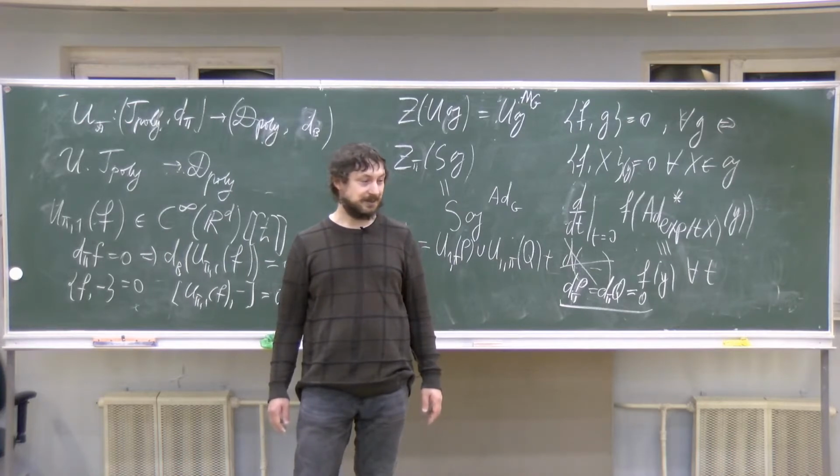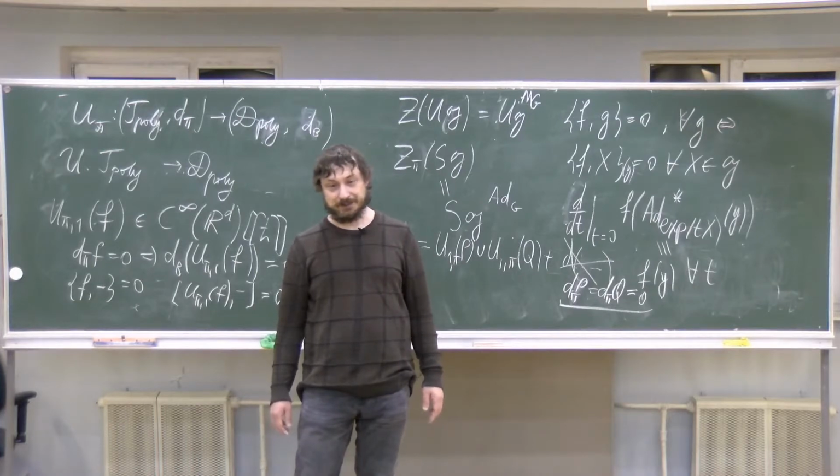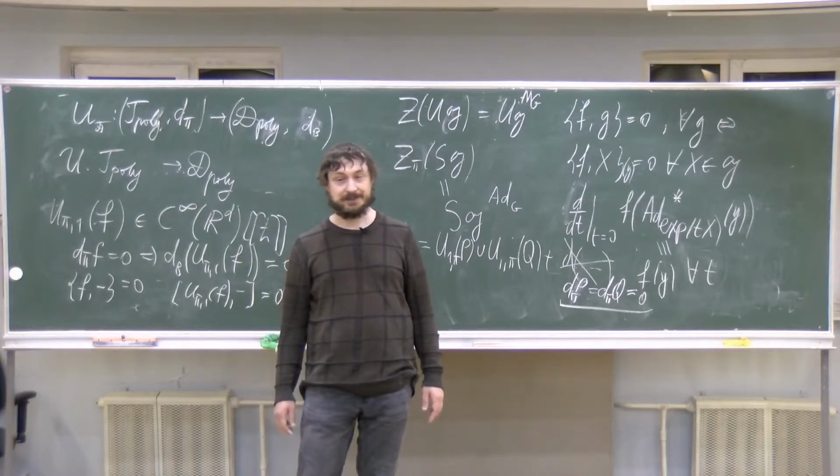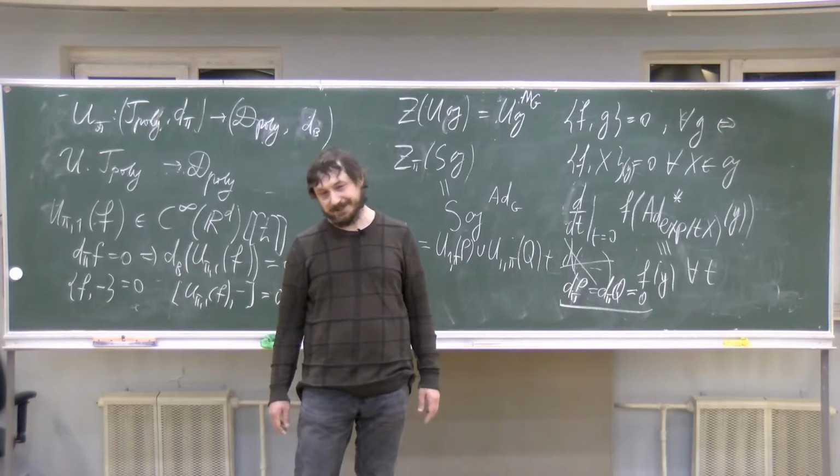There are also results in knot theory, the so-called Kontsevich universal formula for Vassiliev invariants. There are also some recent developments in what is called mirror symmetry theory and so on. So plenty.